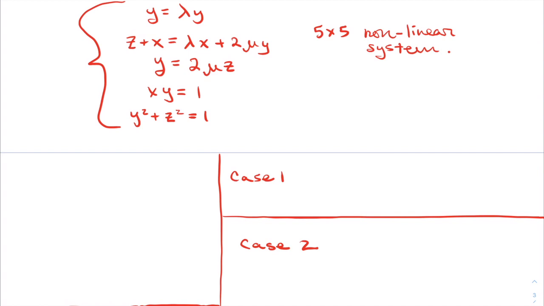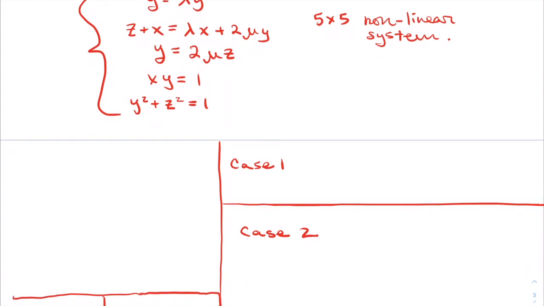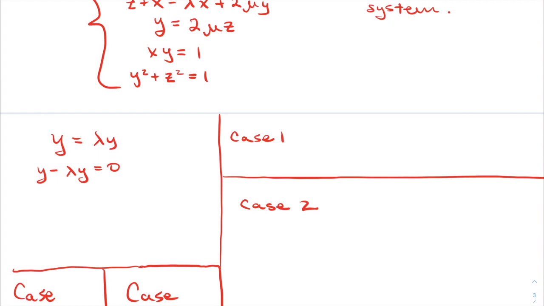So real quick here, that first equation says that y is equal to lambda y. Probably get 0 on one side, so y minus lambda y equals 0. That factors. You should always factor rather than dividing by variables. That'll always lose information. So here you have y times 1 minus lambda equals 0. So from the first expression, y could be 0. And from that second factor, 1 minus lambda is 0, so lambda is 1.